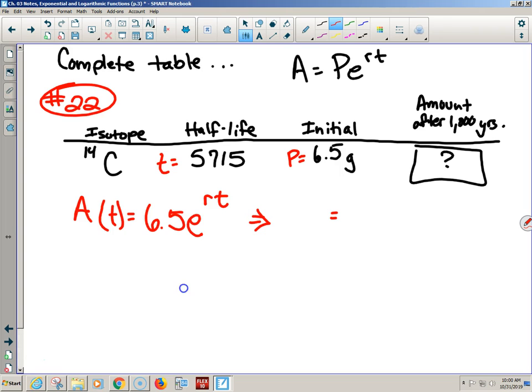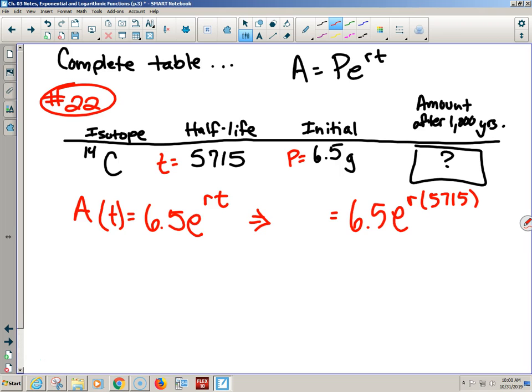So I can plug in 6.5 e to the R times 5715. I've left my R unknown because nothing up here gives me R equals. But why did I leave this blank, as though I'm going to fill it in with something? Well, but I need a number here, don't I? Yeah. If I have a number here, I can solve for R. Yeah, that's good. But what's the number?